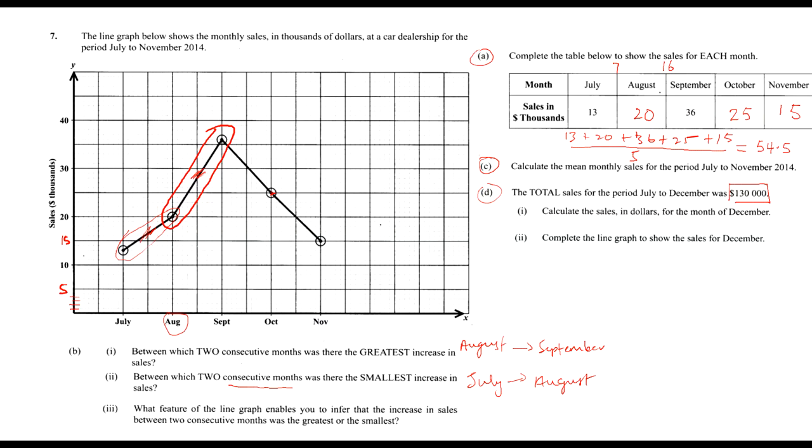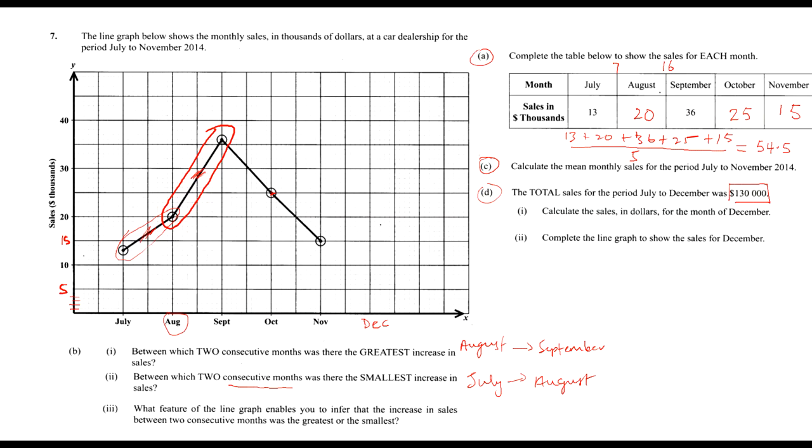So that's July to December. Now you notice you don't have December in your graph, right? So this is December here. And what they're saying is that the total sales for the period July to December is 130,000. And they want the amount of sales in dollars for the month of December.